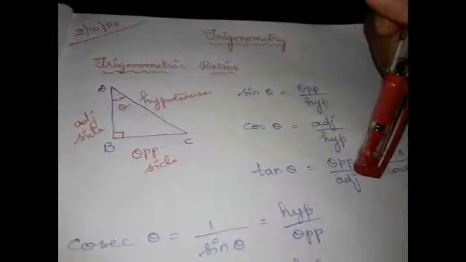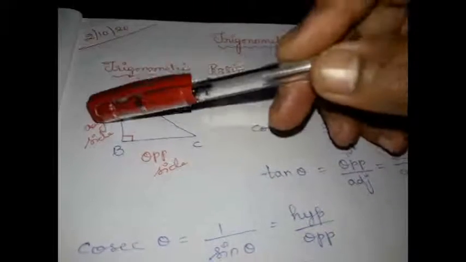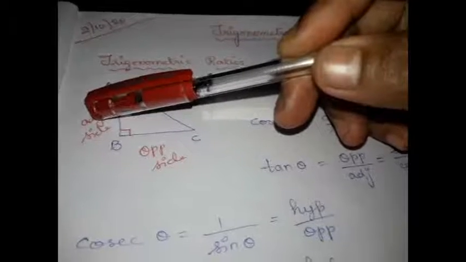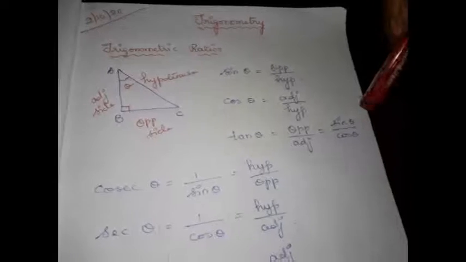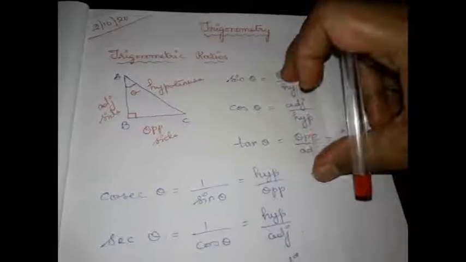Opposite divided by adjacent, which means the side opposite to the angle theta divided by the side adjacent to theta. So opposite by adjacent can also be restated as sine theta divided by cos theta. Tan theta is nothing but sine theta divided by cos theta.